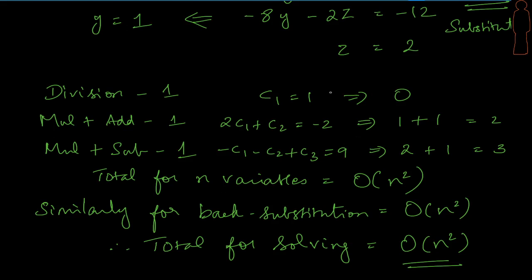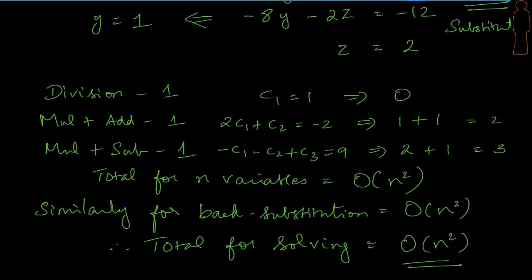Therefore, for n variables, I will have all those equations, and when we add this up, see what we get, right? So 2 plus 3 plus so on up to, let's say, n minus 1. That is going to be order of n square, right? So order of n square computation is what we are getting with respect to forward substitution. Now it's very similar with respect to back substitution. We will also get order of n square. So obviously the total amount of computation we need is order of n square, right?